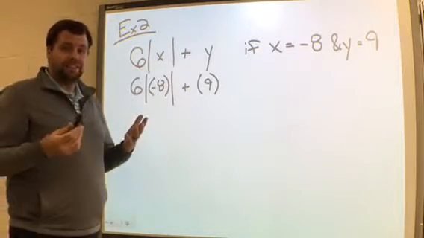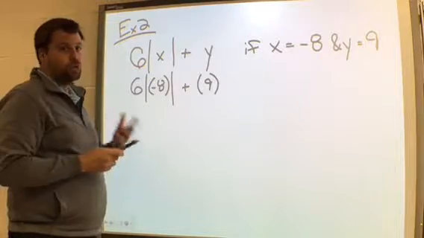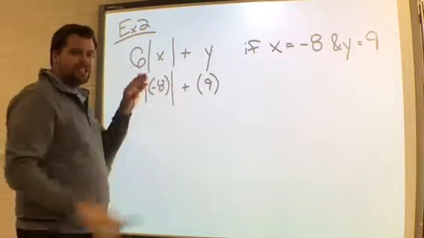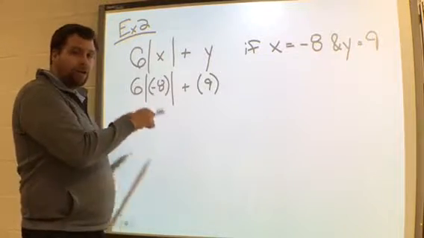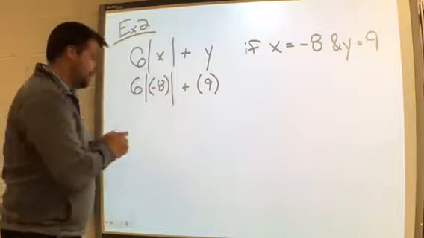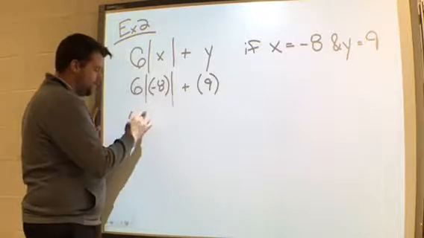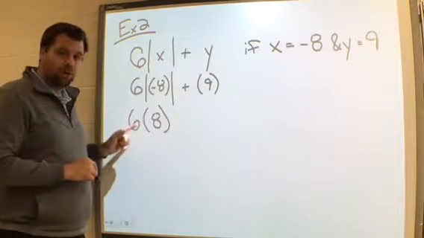Okay, so now what do I need to do? Well, parentheses. But I see a set of absolute value here, which act as parentheses, grouping symbols, but there are no operations happening inside. But I still need to take the absolute value of negative 8. And the absolute value of negative 8 is positive 8. So I have this 6 out front, and I have a positive 8. Those two are going to be multiplied.